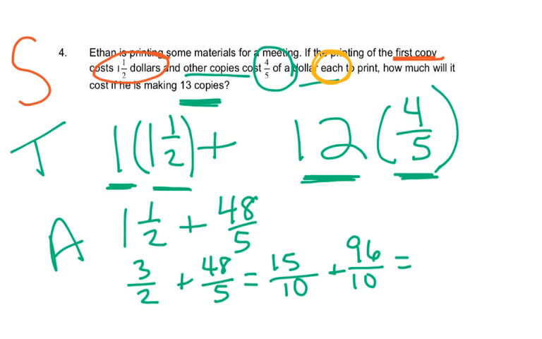So then I have 96 plus 15. 111 over 10. Okay, and then I'm going to take the 10 and divide it into 111, and that is going to go 11 times with 1 left over. So it's 11 1/10 dollars.